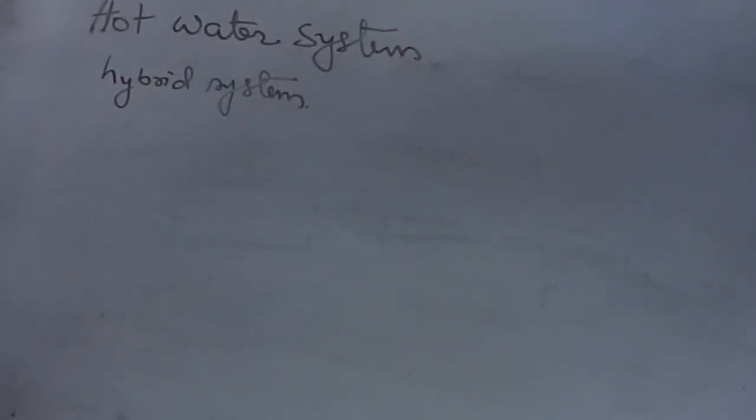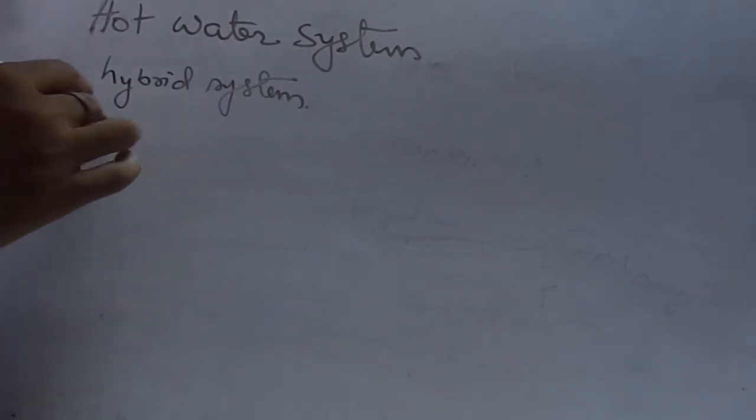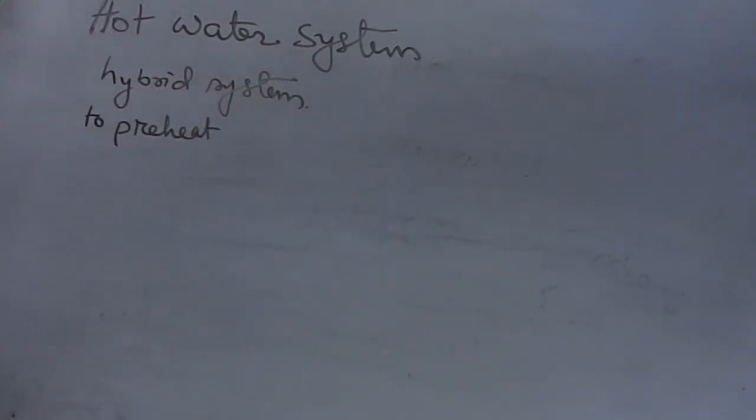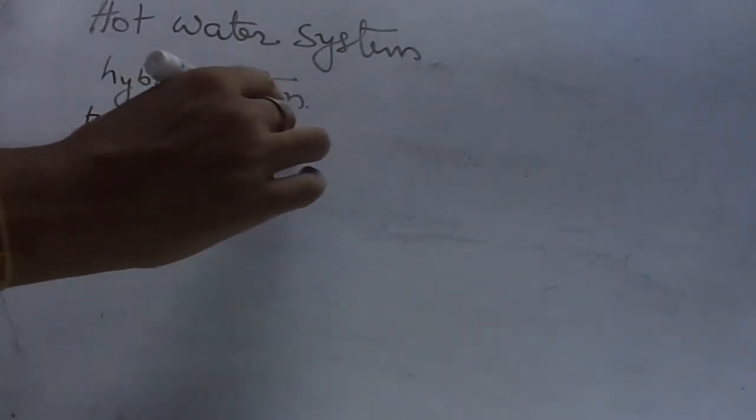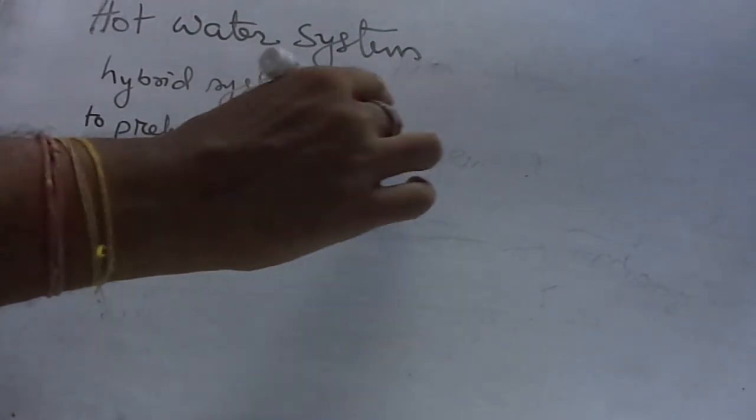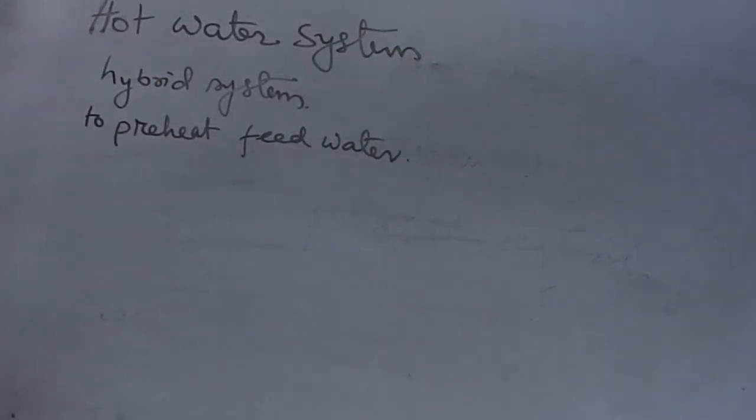In this system, a hot water resource is used to preheat feed water and or air for combustion. Geothermal heat replaces some or all of the feed water heaters depending upon its temperature.